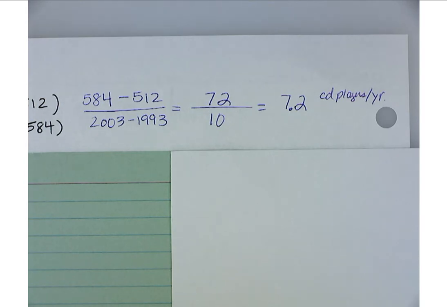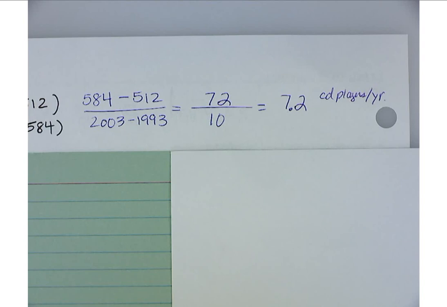So the rate of change means 7.2 CD players per year, which means between 93 and 2003, what happened? What was the average rate of change? Okay, so each year, it increased by 7.2 CD players.